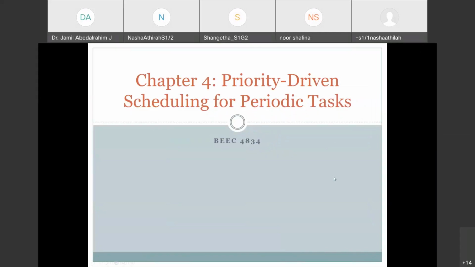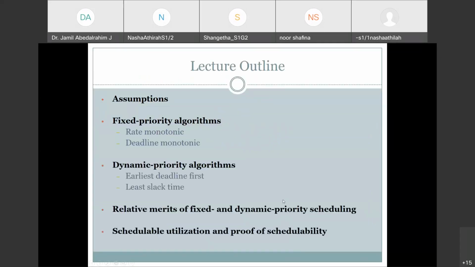Okay, so today we start with chapter 4, priority driven scheduling for periodic tasks. In this chapter, we will learn about the fixed priority algorithms, which are rate monotonic and deadline monotonic, and the dynamic priority algorithms, earliest deadline first and least slack time.